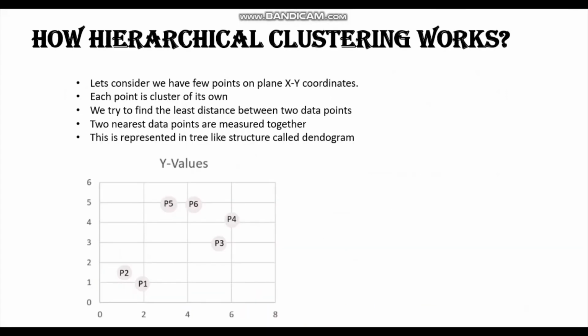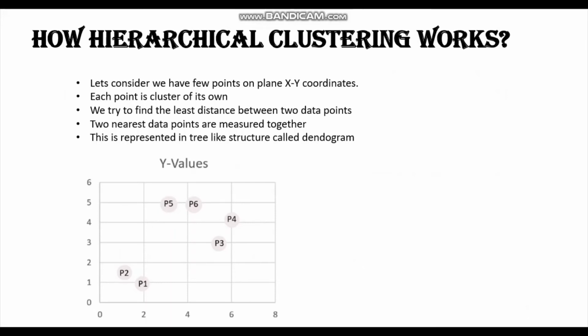If we go a little more into detail to understand hierarchical clustering, let us consider we have a few points in xy coordinates: p1, p2, p5, p6, p3, p4. Let us consider that each point is an individual cluster.